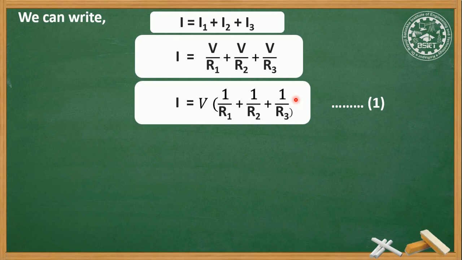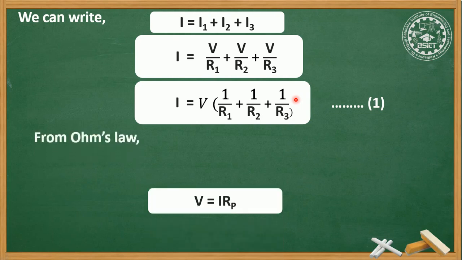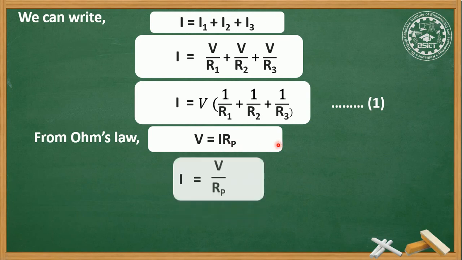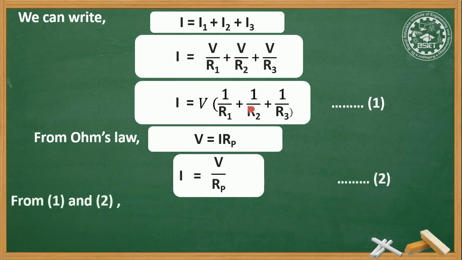We call it equation number 1. From Ohm's law, we know V is equal to I Rp, where Rp is the effective resistance in a parallel combination. So I is equal to V upon Rp. We call it equation number 2. Let us compare equation number 1 and 2.